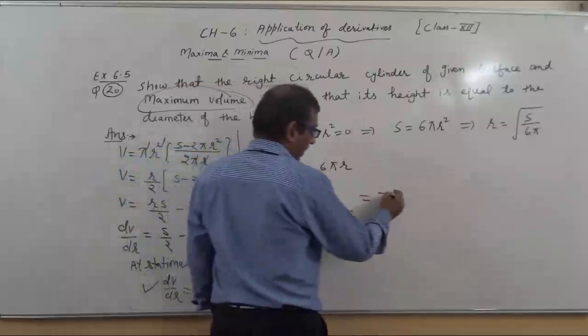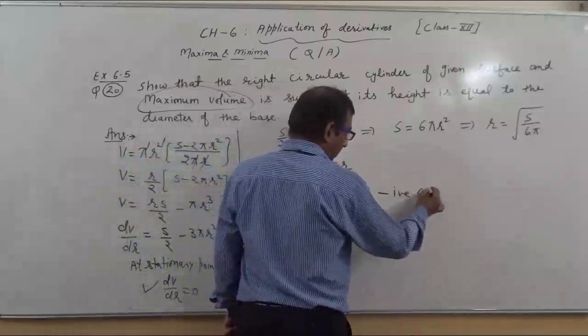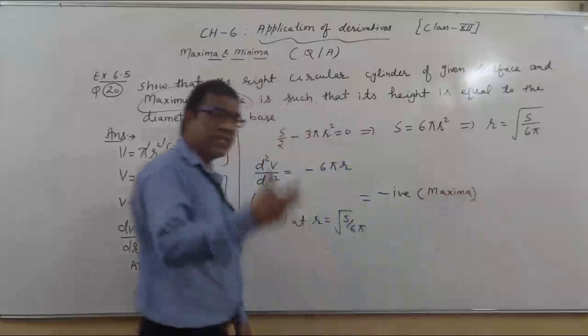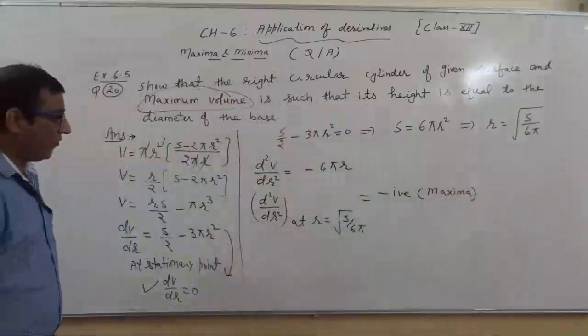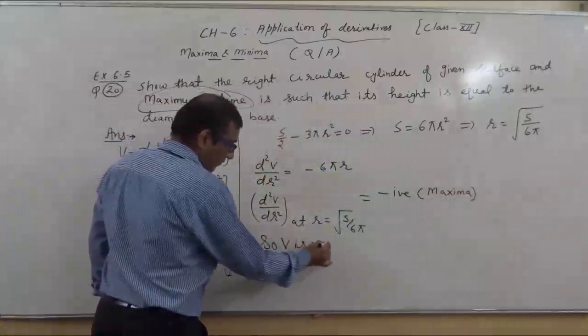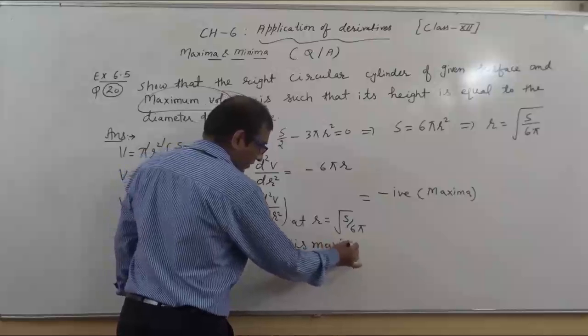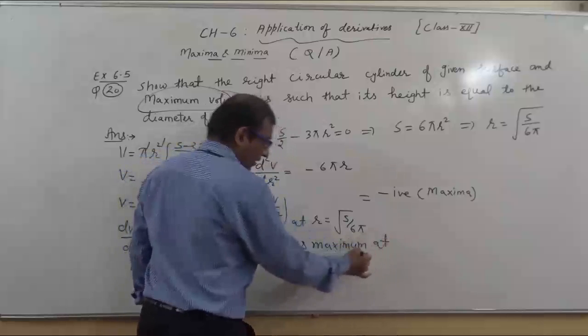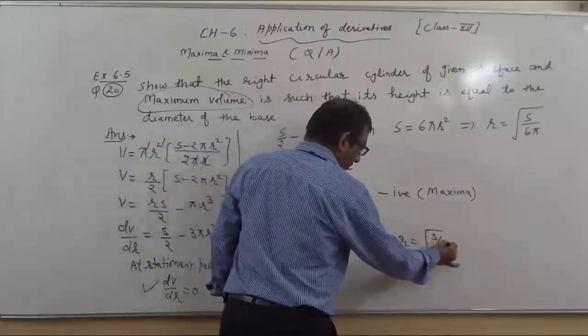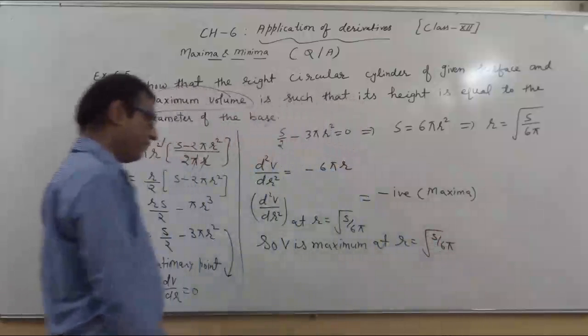We will get a negative value. It means it is related with maxima as per the step of maxima and minima. So we can say V is maximum at R equals under root S upon 6 pi.